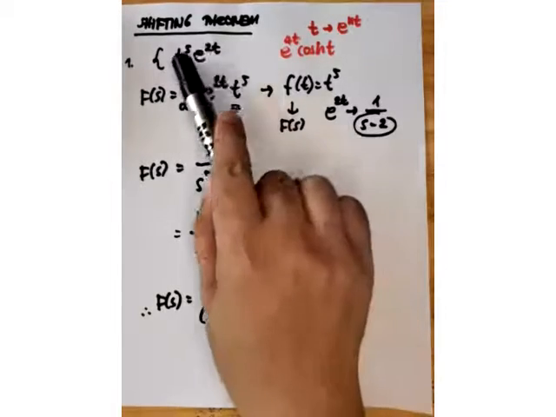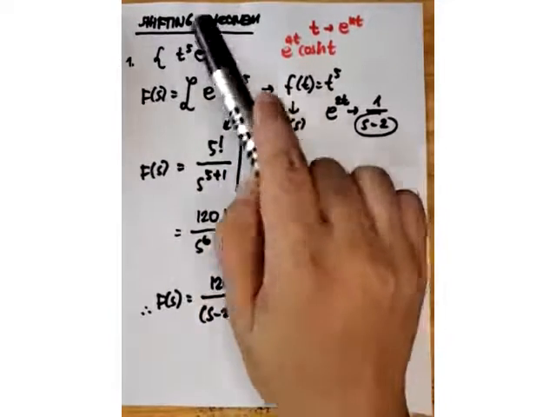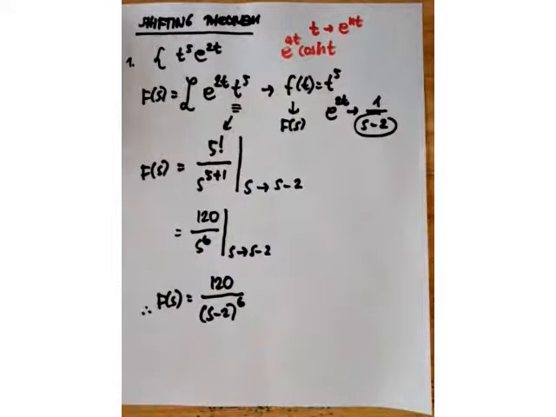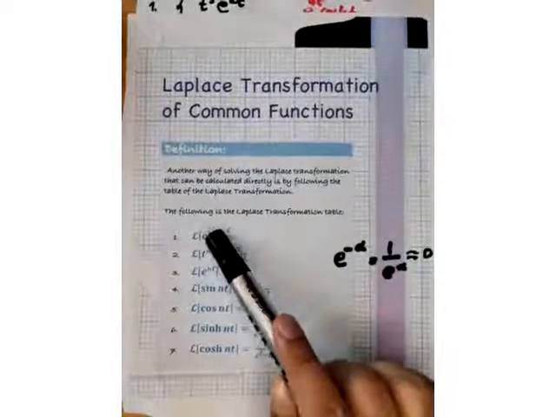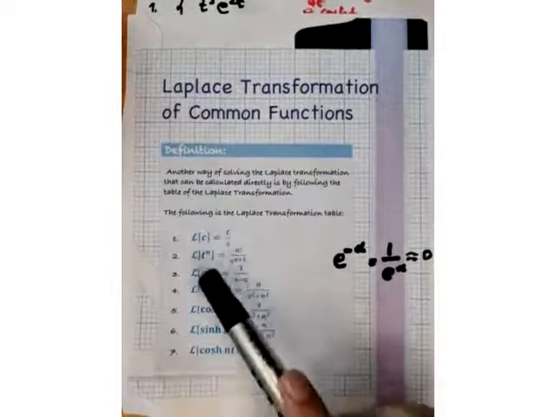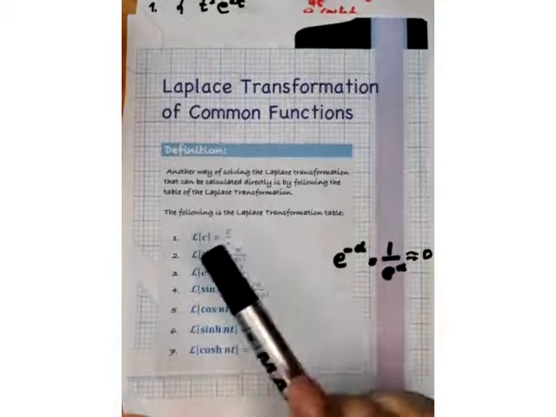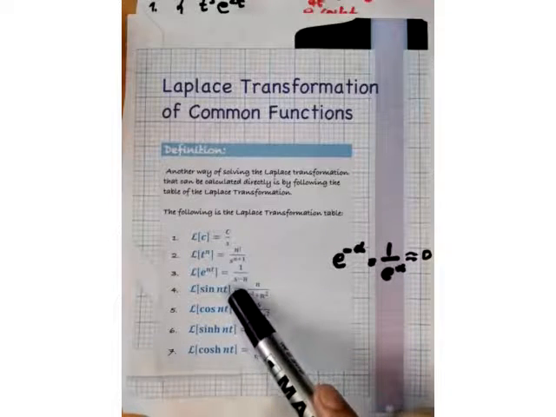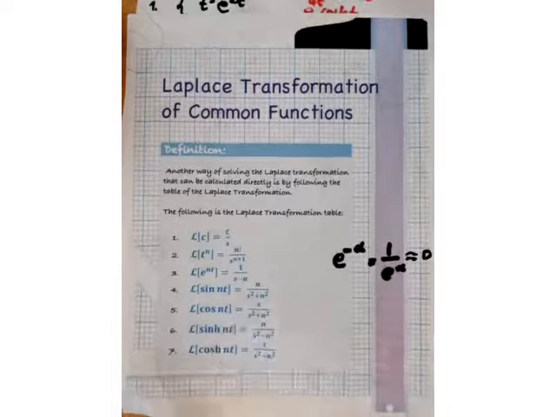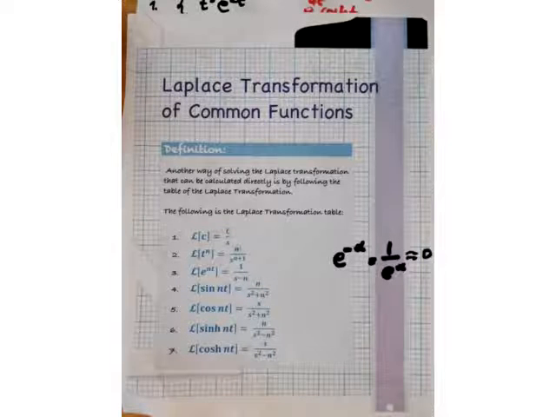Pag meron tayong dalawang function at yung isa sa function ay e raised to nt. Di ba yung mga formula natin kasi, this list of formulas, yung mga nilalaplace transform lang natin ay yung mga common functions. Okay, so common functions. So what if meron na siyang e raised to nt na nakamultiply? Doon tayo mag-shifting theorem. Okay, pag yung nilalaplace transform natin, meron siyang kasamang e raised to nt.